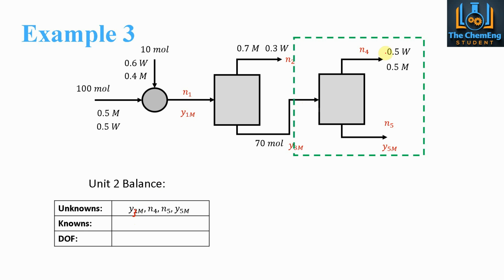We don't know the flow rate of the top product. We don't know the flow rate of the bottom product, and we don't know the composition of the bottom product as well. So we still have 4 unknowns. Now the number of knowns in this case is still just going to be the 2 species balances between water and methanol. So again we have a degree of freedom of 2.